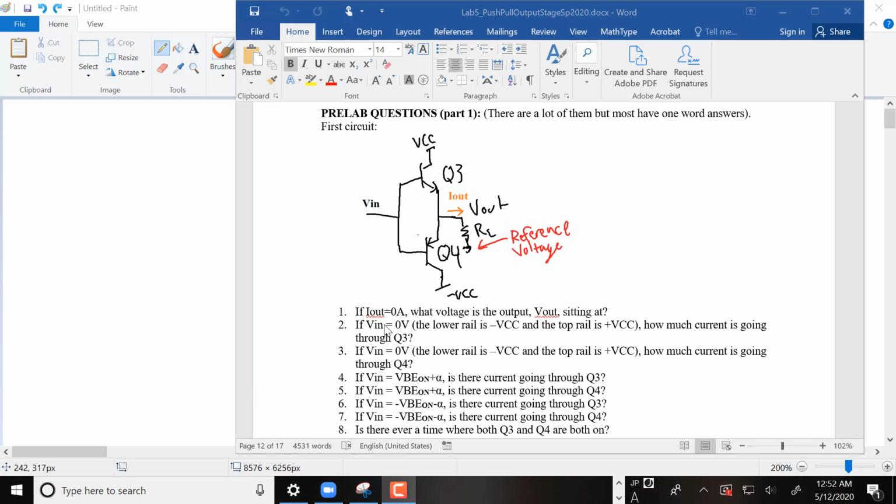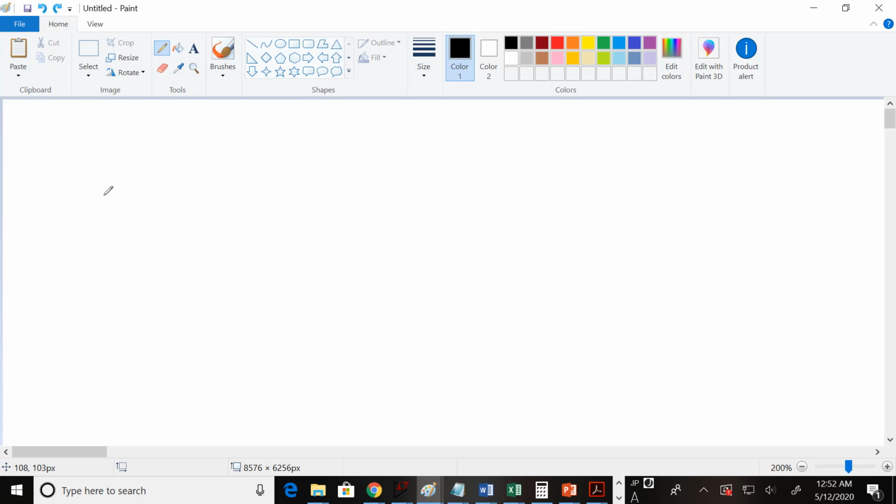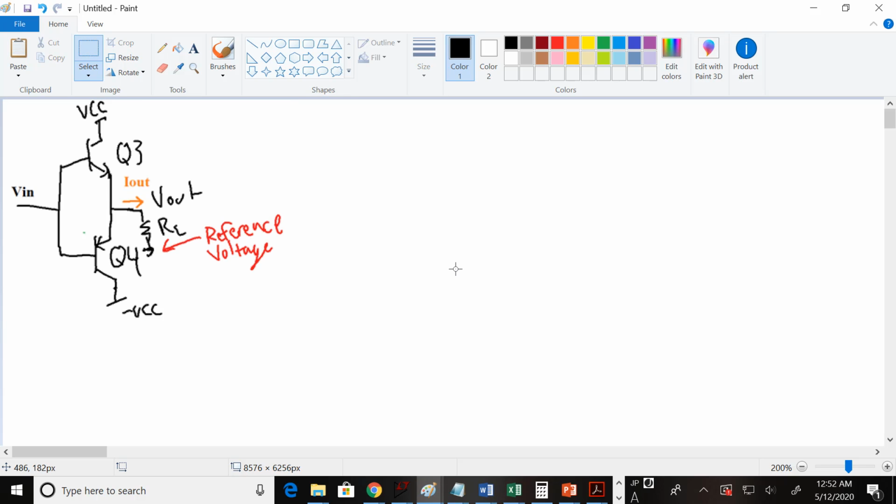Okay. The second question is, if Vin equals 0 volts, how much current is going through Q3? If Vin is 0 volts, by default, we assume that this node is 0. And we go look at our transistors.